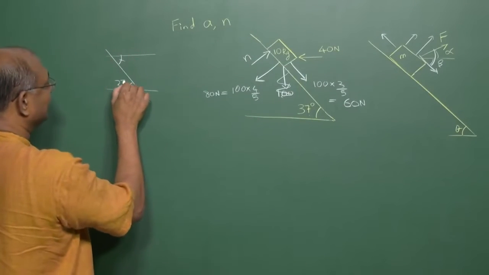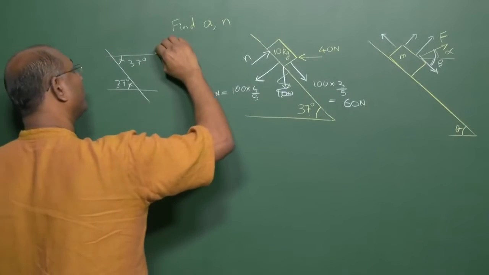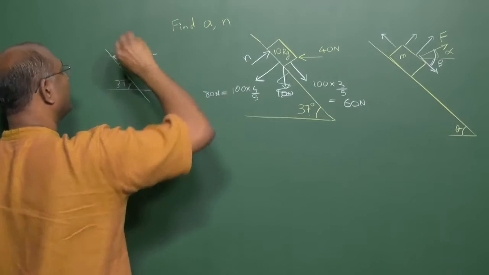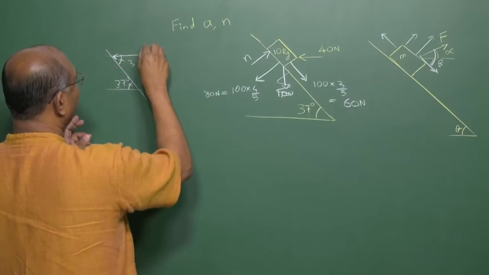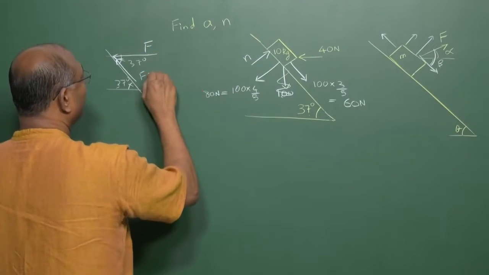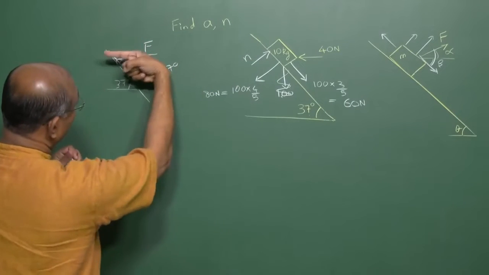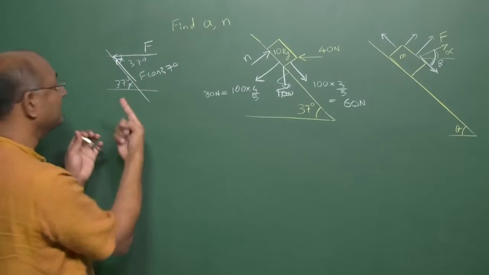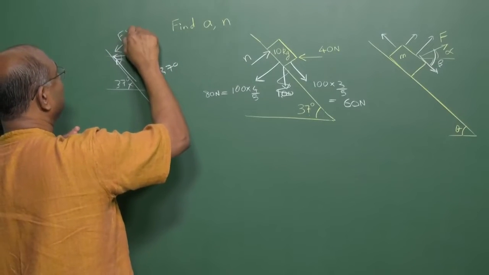If there is a force like this, you can resolve it like this. If this is F, this component of the force will be F cos 37 pointing upwards. It's an arrow, so it is pointing upwards. And then this will be F sin 37.